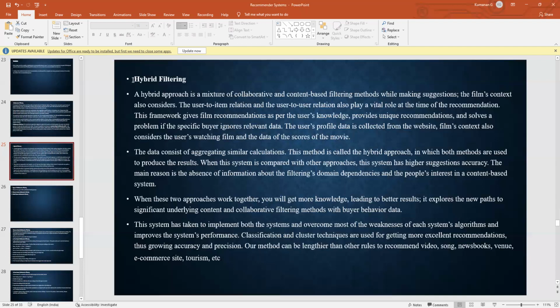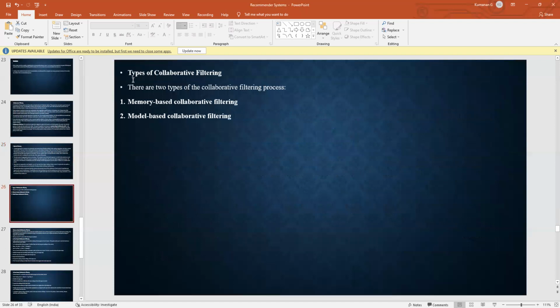The system implements both systems and overcomes most of the weaknesses of each system's algorithms, improving performance, classification, and trusted techniques, and is used for getting more excellent recommendations, thus increasing accuracy and precision. Our method can be used to recommend videos, songs, news, books, menus, e-commerce sites, tourism, etc.